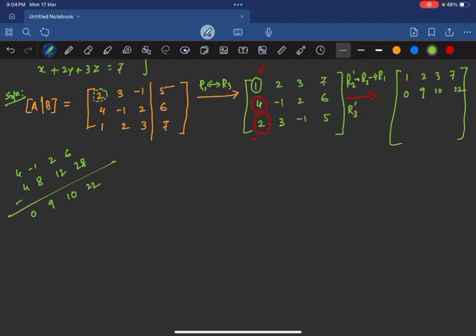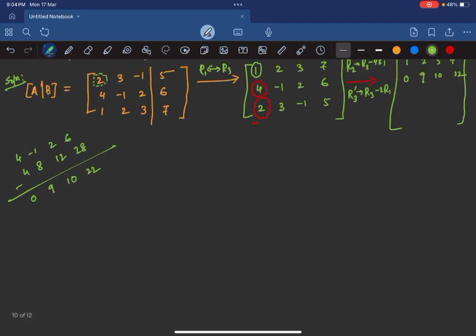Now next, you can do R3 dash tends to R3 minus 2R1. R3 is 2 3 minus 1 5, and 2R1 is 2 4 6 14.